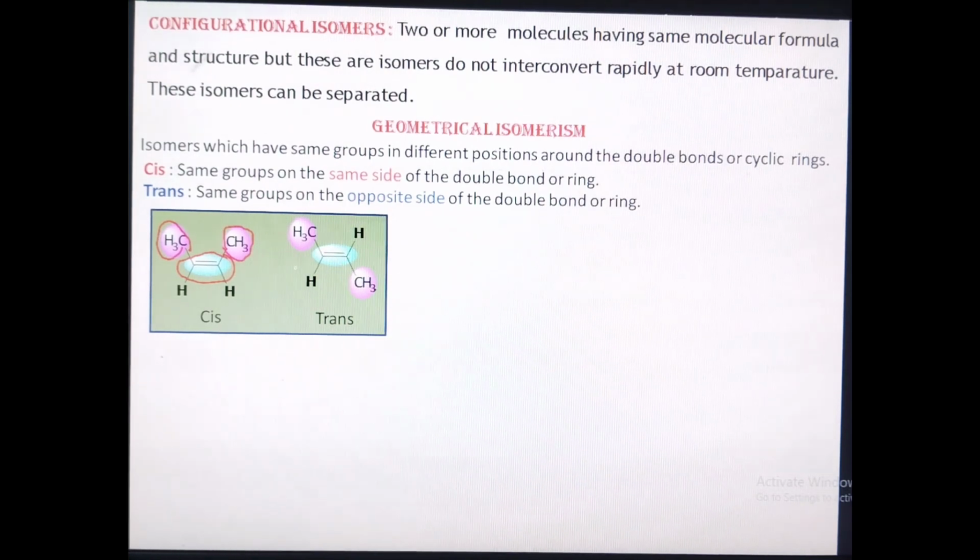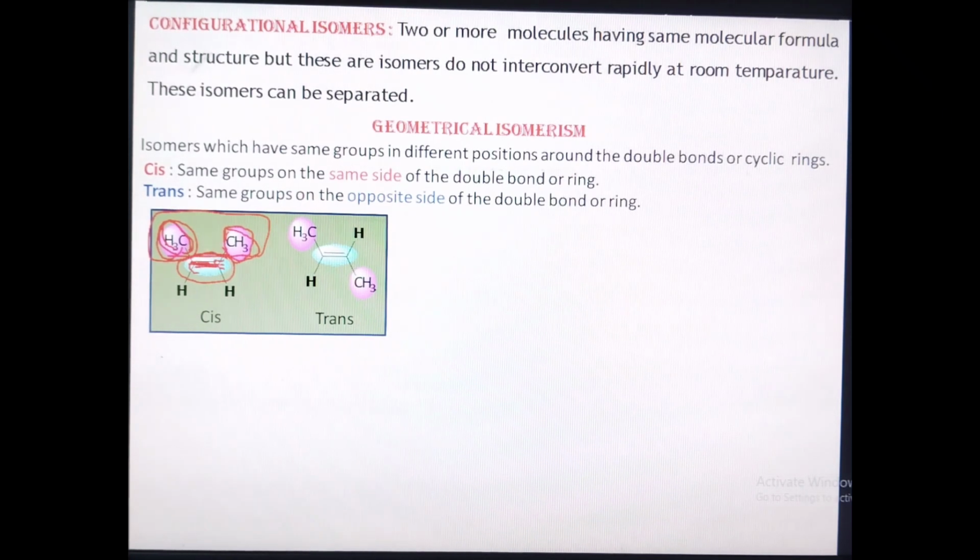In this example, you can see this is a double bond, and this carbon has CH3 and hydrogen attached, and the other alkene carbon atom also has CH3 and hydrogen. Here the CH3 of this carbon and the CH3 of that carbon are on the same side of the double bond.